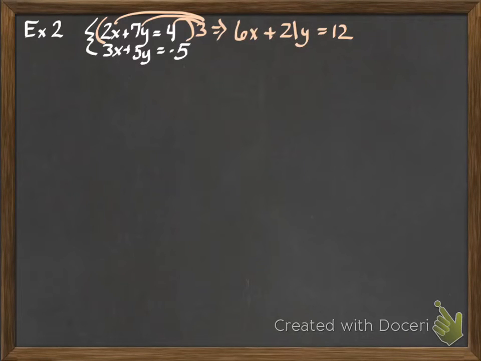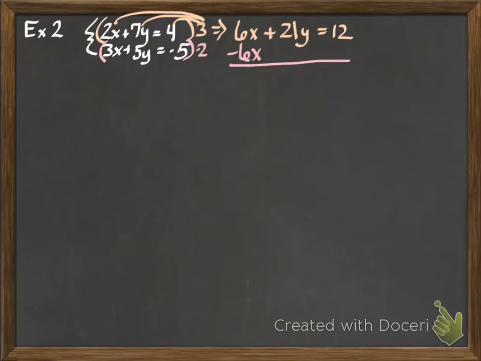Now, if I want to get a 6 for that first part, I'm going to take my second equation and multiply it by 2. That gives me a 6. But if I leave it just as 2, then when I add, I'll end up with 12. If I make it a negative 2, now when I add, I'll end up with a negative 6x plus 6x, and that'll cancel out.